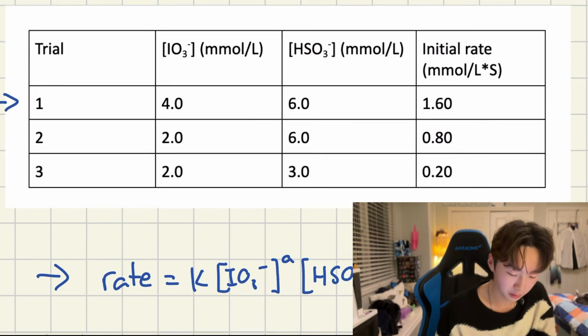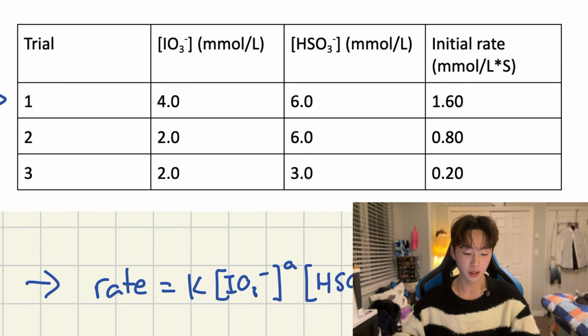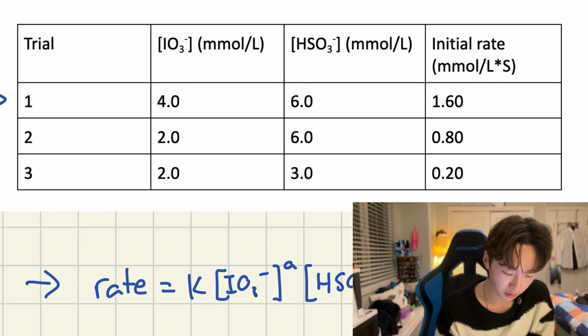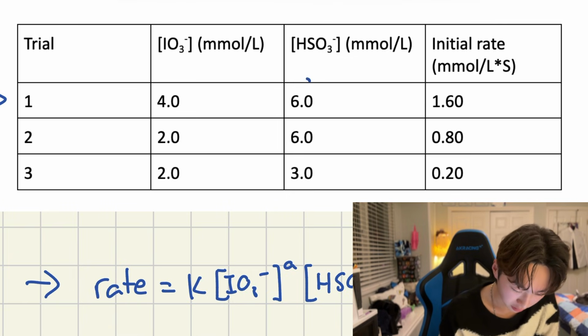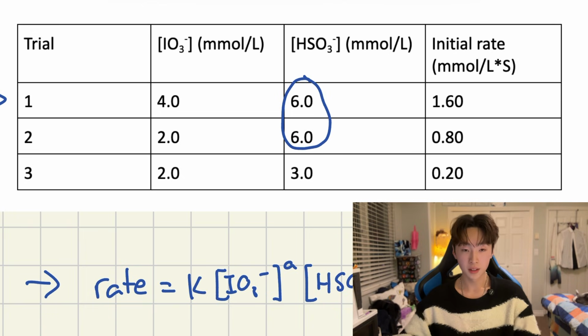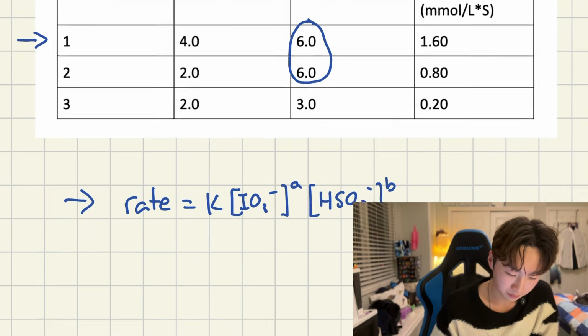So looking at this table of values, we'll try to find two trials where there's a constant concentration. So if we look at trial 1 and 2, we can see that the concentration of HSO3 minus is the same. So if we wrote it out, it would cancel. So let's try that.